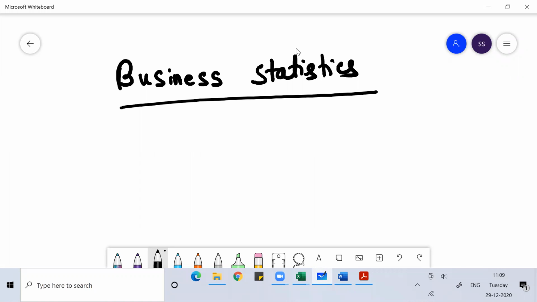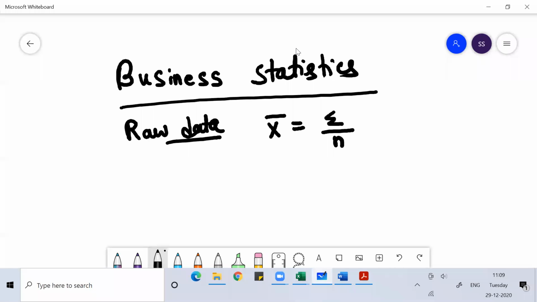Whenever we talk about mean calculation, if you have raw data, then your mean is nothing but the sum of data divided by the number of data.